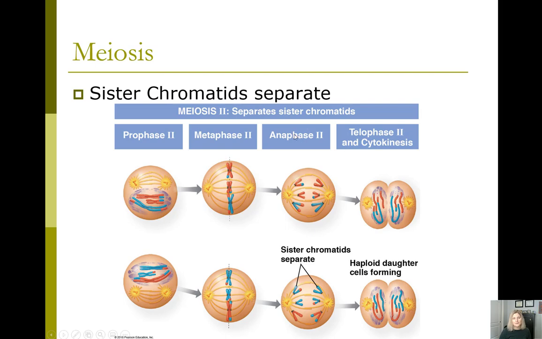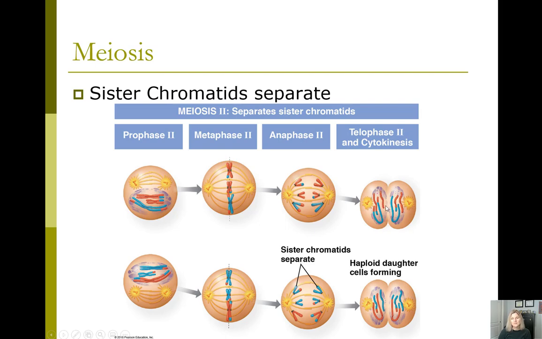Then in anaphase part 2, just like in mitosis, the centromeres finally dissolve, and that allows the sister chromatids to get pulled to opposite ends of the cell. And then telophase part 2, same as in mitosis, you end up with the nuclear envelope reforming, the mitotic spindle disappearing, and cytokinesis again.